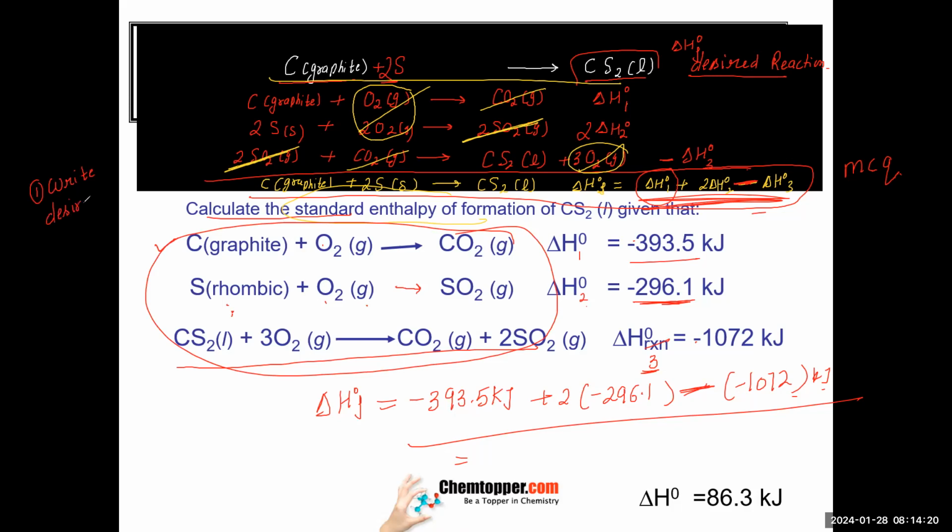You write down your desired equation, the reaction on which you are working. Second, do changes in given equations. There will be 3, 4 equations given. So you're going to do changes in given equations, right? And add them.